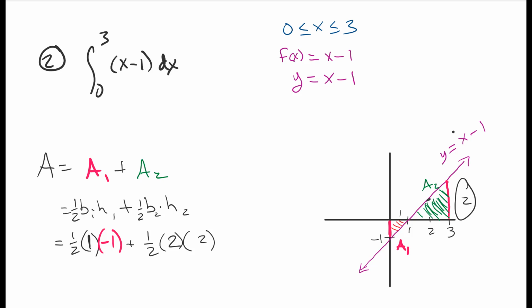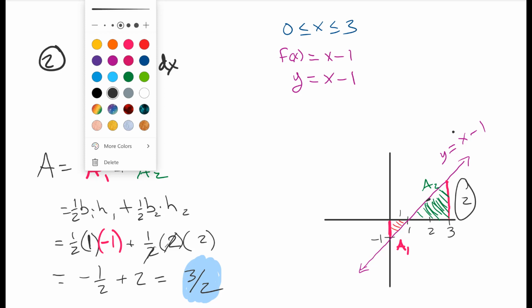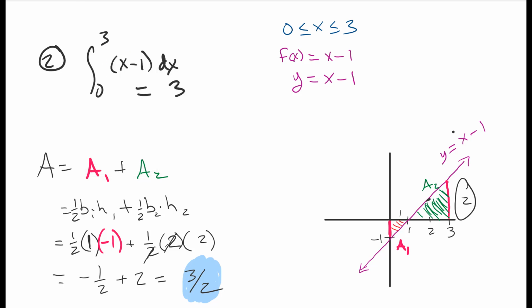I'll let you do the math on that. So we go through and we solve and we get -1/2, because -1 times 1/2 is -1/2. The 2's cancel out over here, just giving you 2. And it looks like we have an answer of 3/2. So there it is, our integral is equal to 3/2. That is the area underneath our curve.